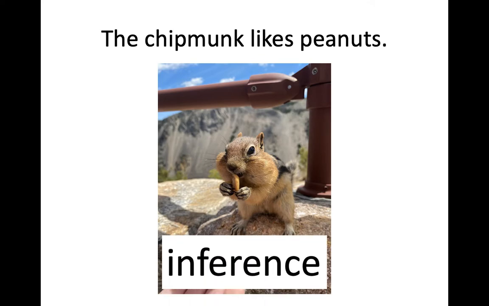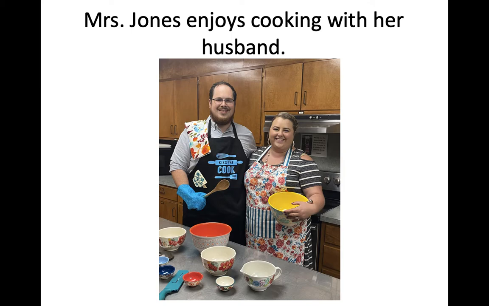We use our sense of sight to see that he has a peanut and he's getting ready to eat it, but we're not for sure if he likes it. We can't see if he likes it. He can't communicate with us and tell us that he likes it. So, because it says the word likes, we know that that is an inference. We're not using our five senses.